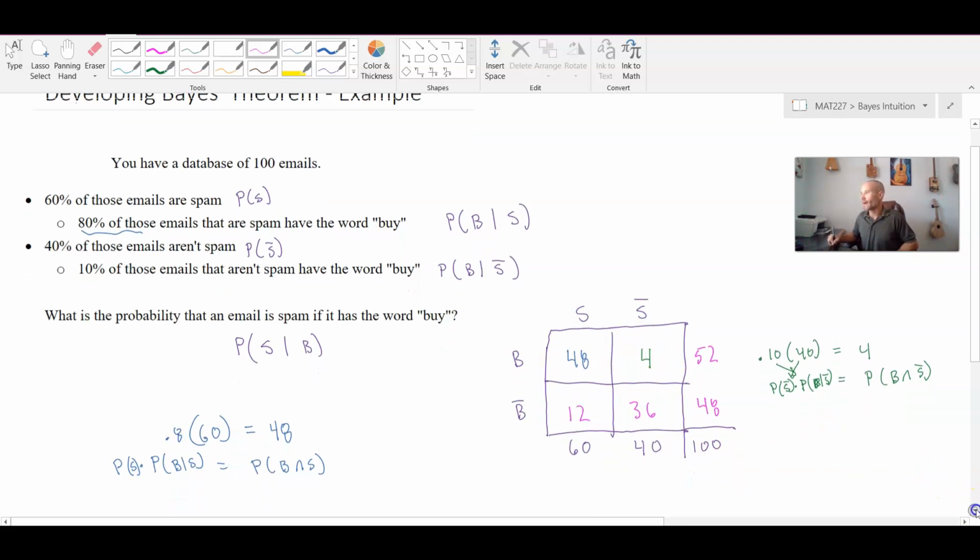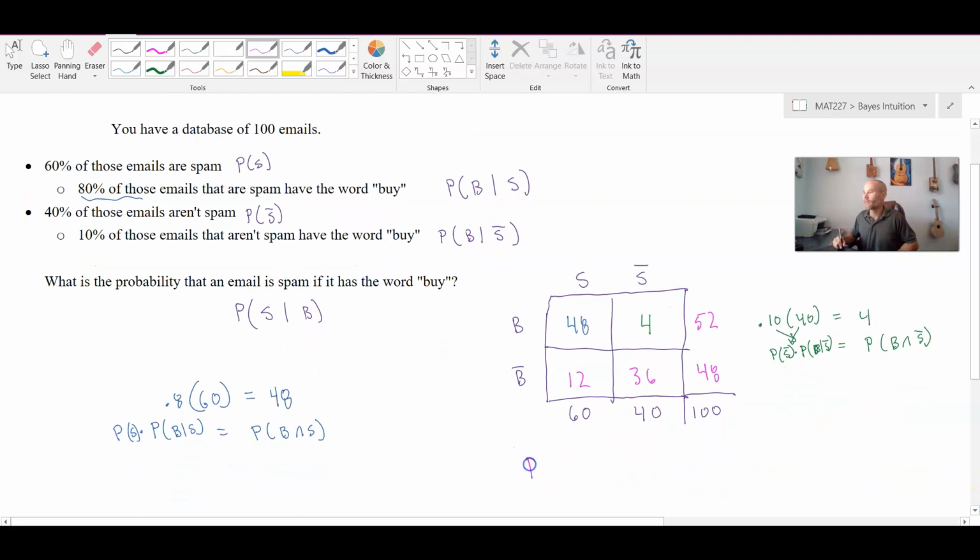Now we have enough information to be able to construct the percentage of all emails that have the word buy in it. How many of them are spam? Well, we know that that's going to be the percentage of emails that are both spam and have the word buy in it, divided by, now our condition, we're only looking at the emails that have the word buy in it, which is this 52. So that's going to be the probability of event B. Now, I know these aren't probabilities, but if we just move the decimal place over to the left two, then we do have them.